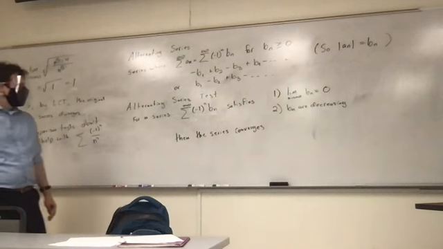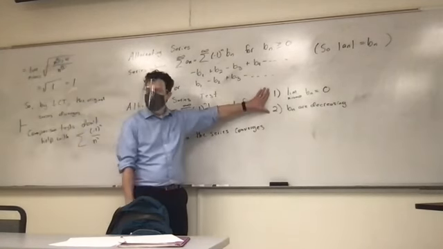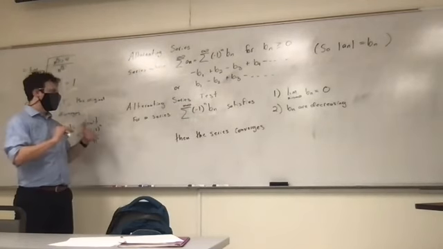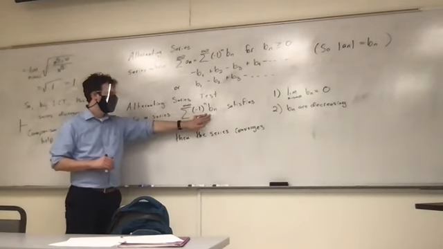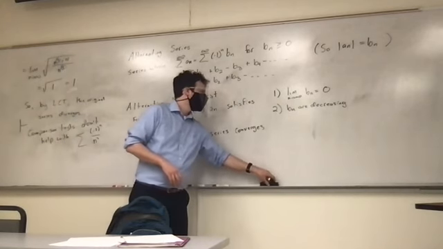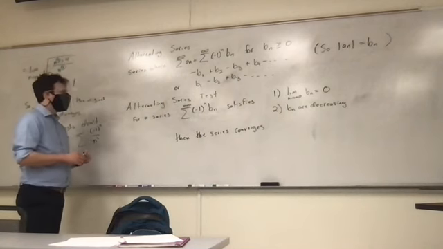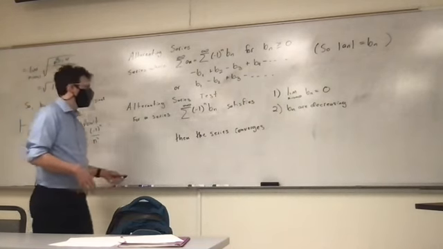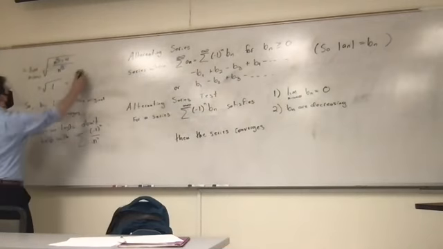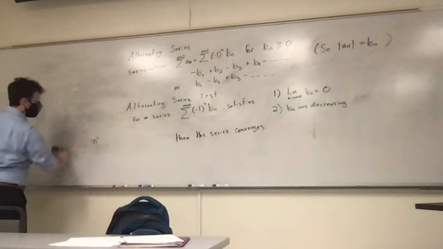So it's super easy to use. Two pretty easy things to check. The trade-off is that it only applies to alternating things. And it really has to be alternating. It can't be things that are sometimes positive and sometimes negative. It really needs to have this alternating part highlighted there.